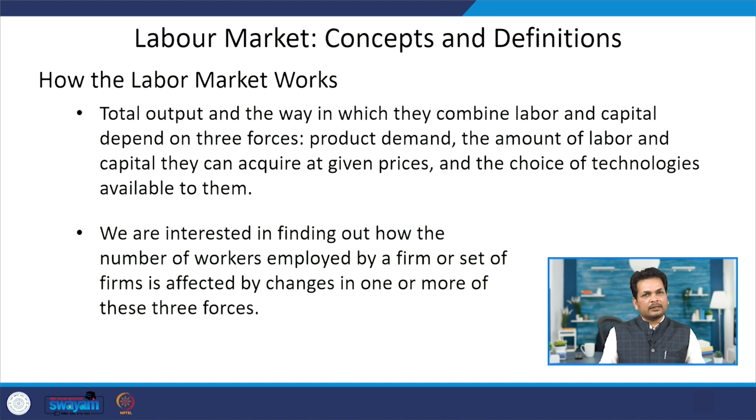We are interested in finding how the number of workers employed by a farm or set of farms is affected by changes in one or more of these three factors: product demand, demand for labor, or demand for capital. So, we have to take into consideration all these three forces when we are trying to understand the dynamics of the labor market.